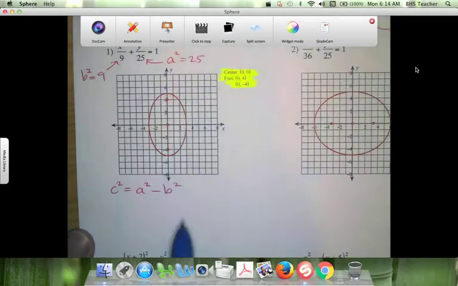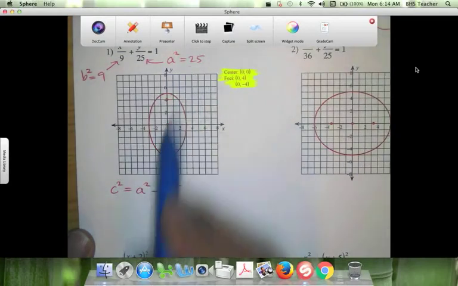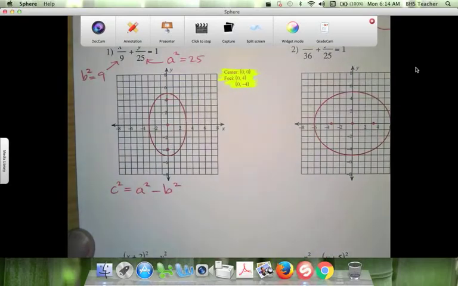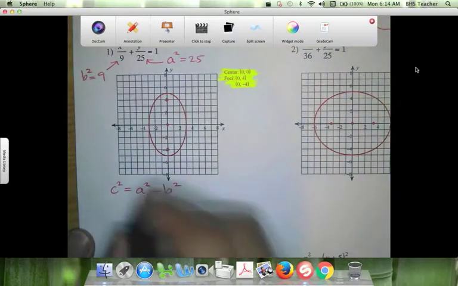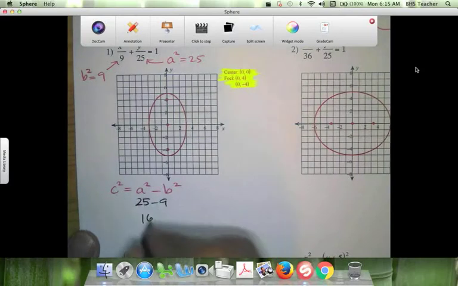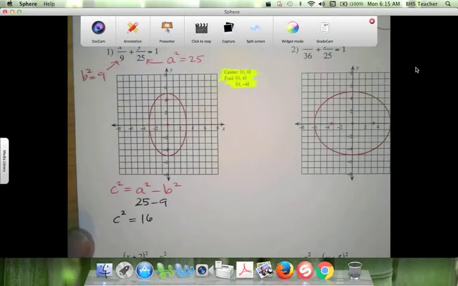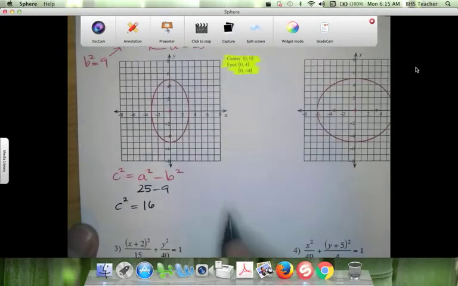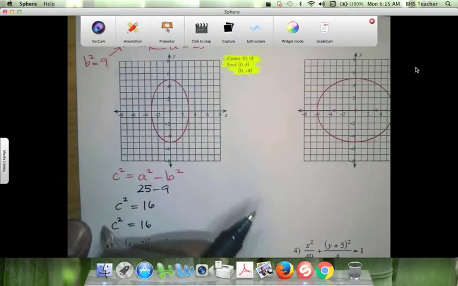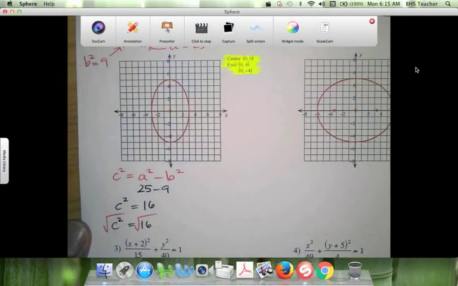A squared is 25, b squared is 9. 25 minus 9 gives you 16. So c squared is equal to 16, but you take the square root of both sides, right? That's c squared. I need c. You get c equals 4.